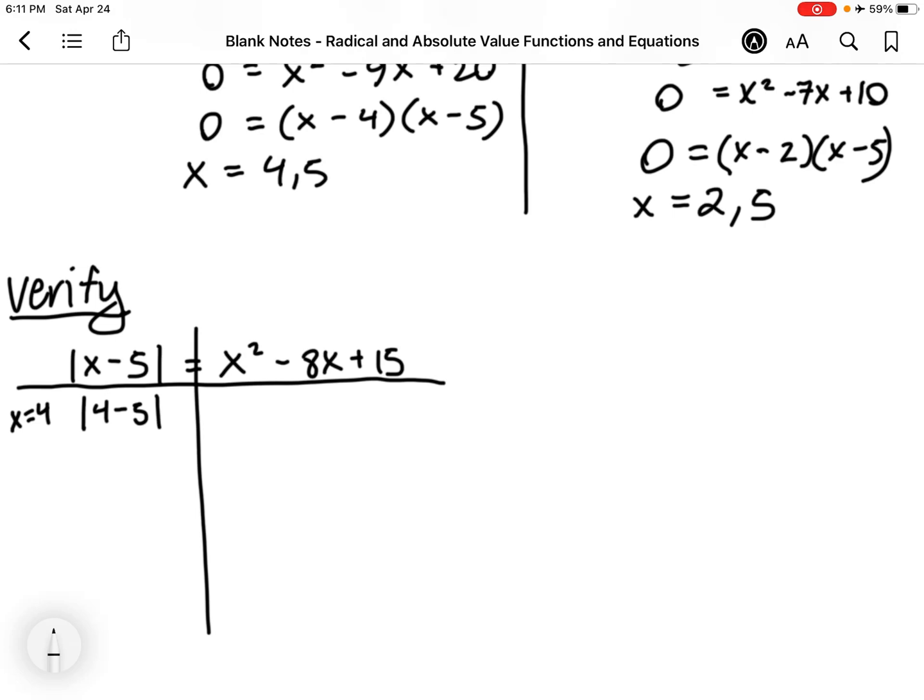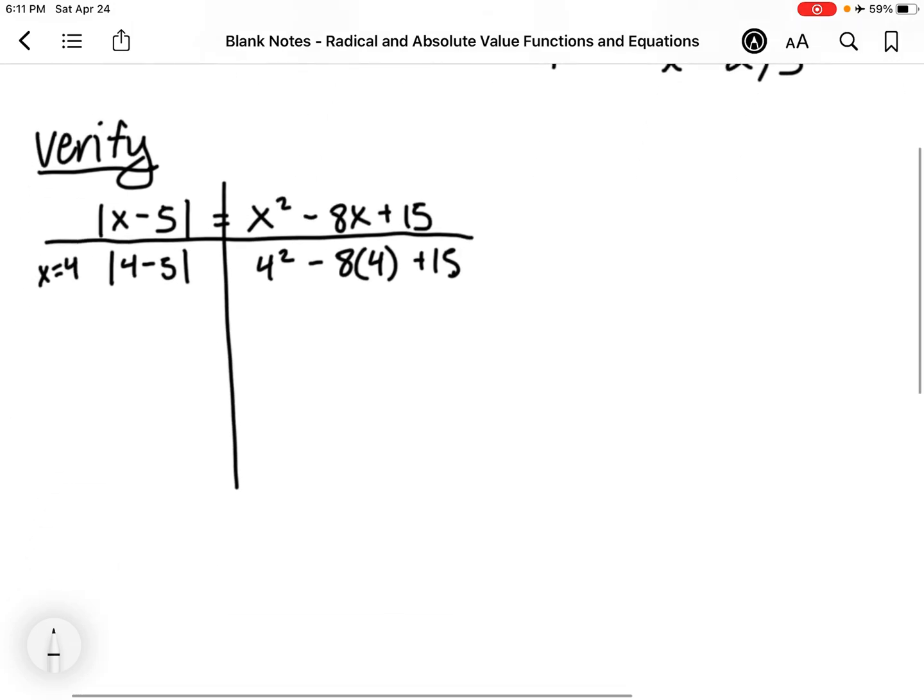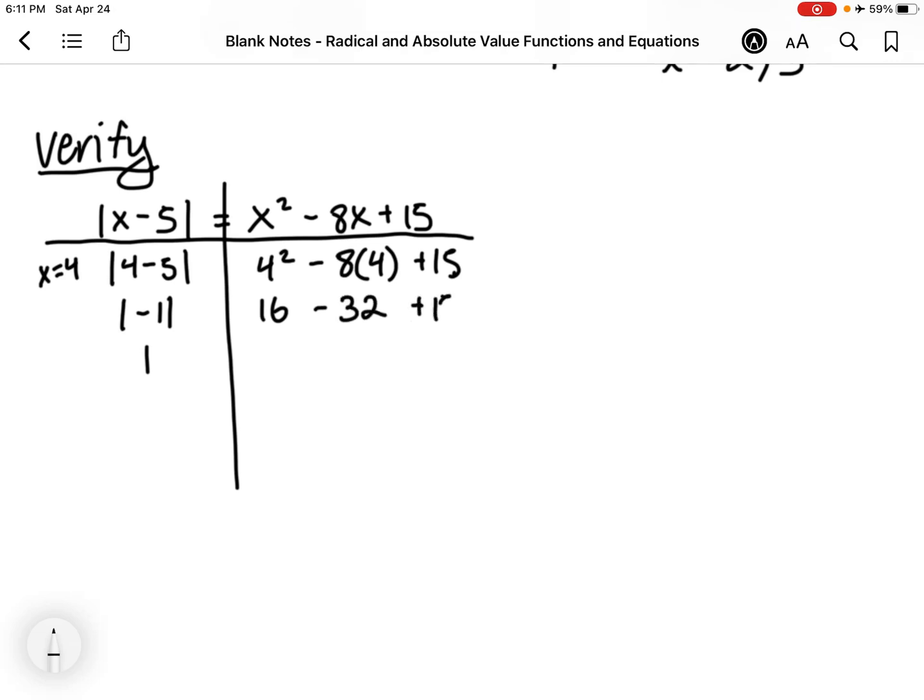And on the right side, I'll get 4 squared minus 8 times 4 plus 15. So on the left side, I get the absolute value of negative 1, which is 1. And on the right side, I get 16, and then 8 times 4 is minus 32, and then plus 15. And that works out to be 31 minus 32, which is negative 1.